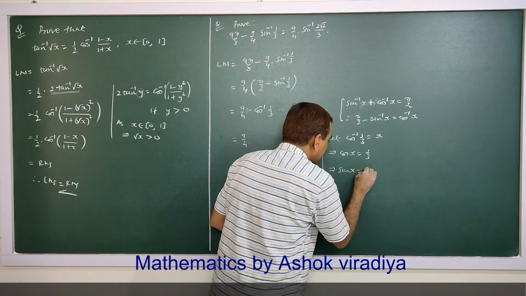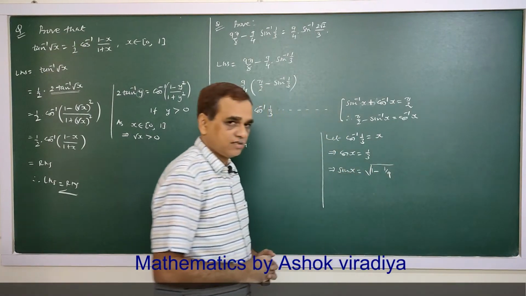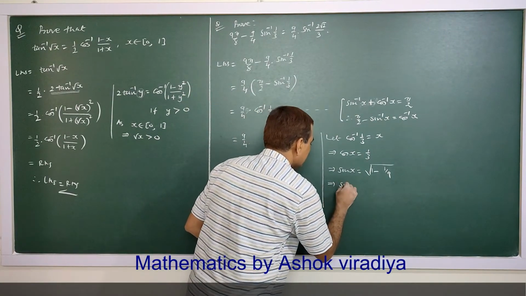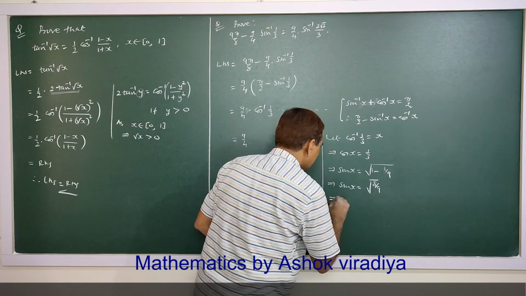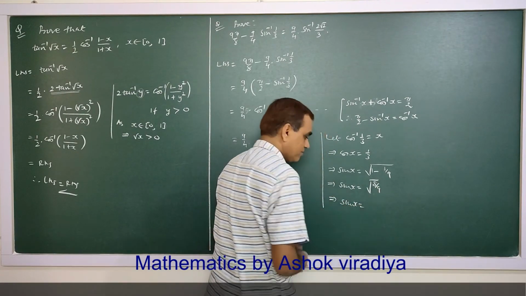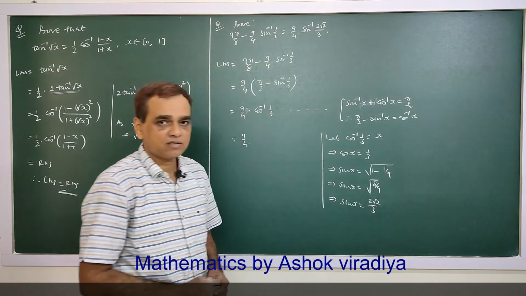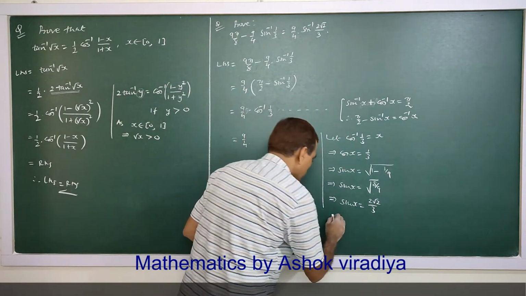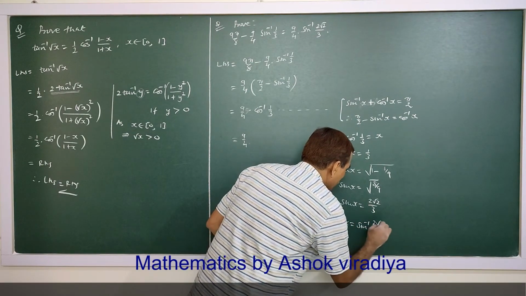So sin x is square root of 1 minus 1 by 9, so sin x is square root of 8 by 9. So sin x is 2 root 2 by 3. So x is sin inverse 2 root 2 by 3.